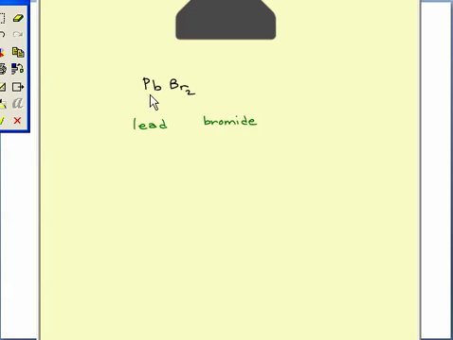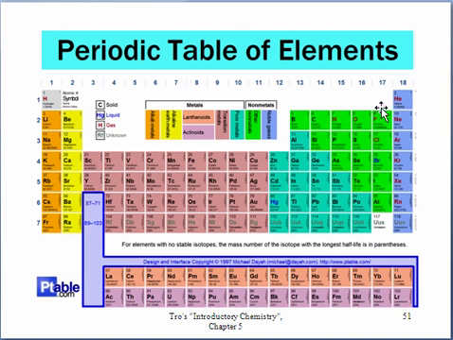And we figure out what the charge of this is based on the charge of anions. The charge of anions never change. Okay, so I have 1 lead. Whatever its charge is, it's got to cancel out the charge due to 2 bromides. When I look at the periodic table, I see that bromide is a halogen, so therefore it has a -1 charge.